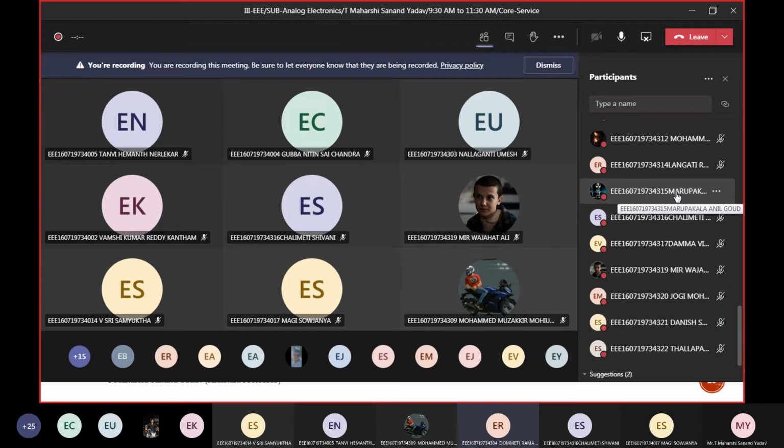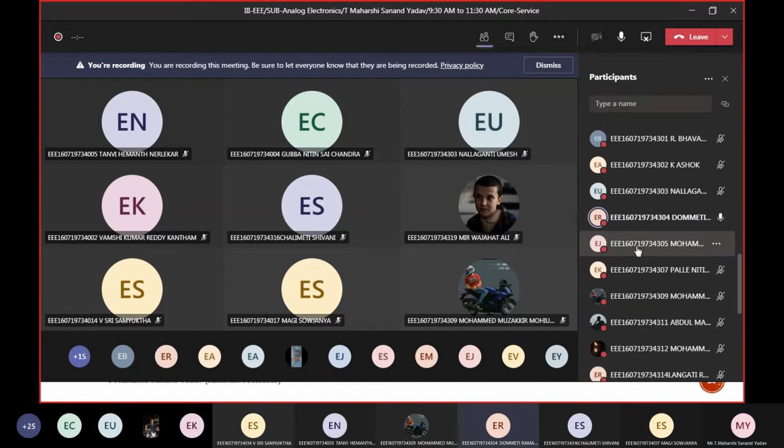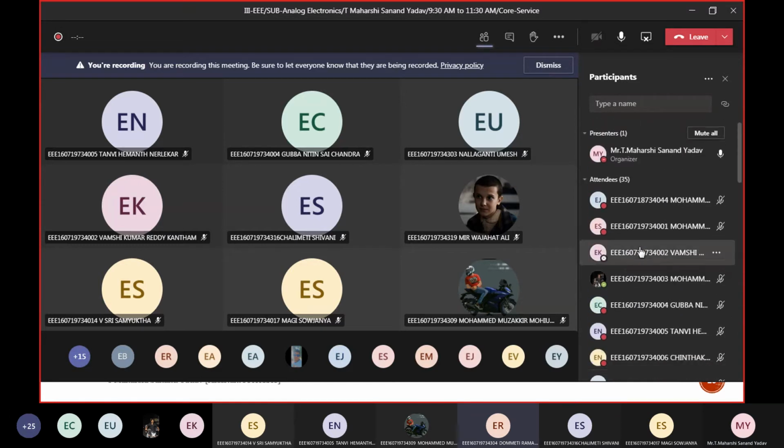And some characteristics of feedback are bandwidth, voltage gain, input impedance and output impedance. Bandwidth means the difference between higher frequency and lower frequency.